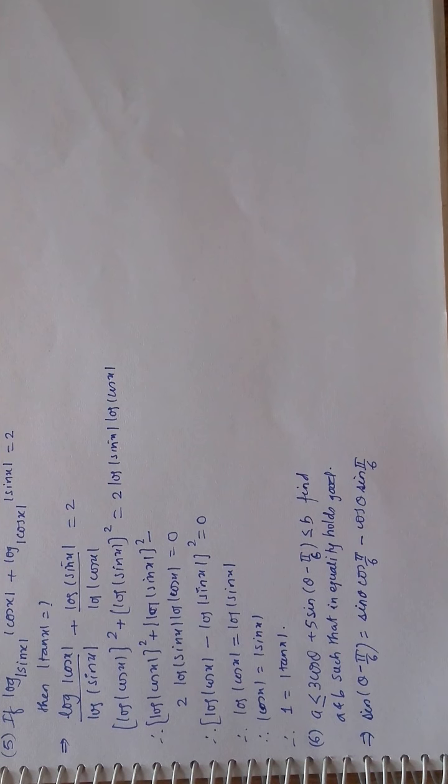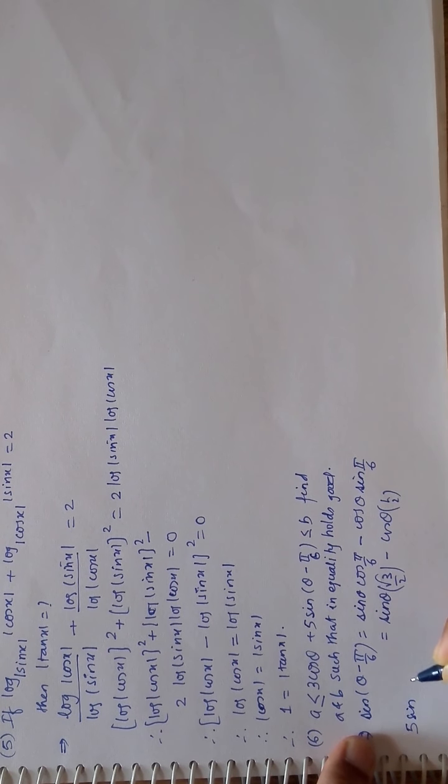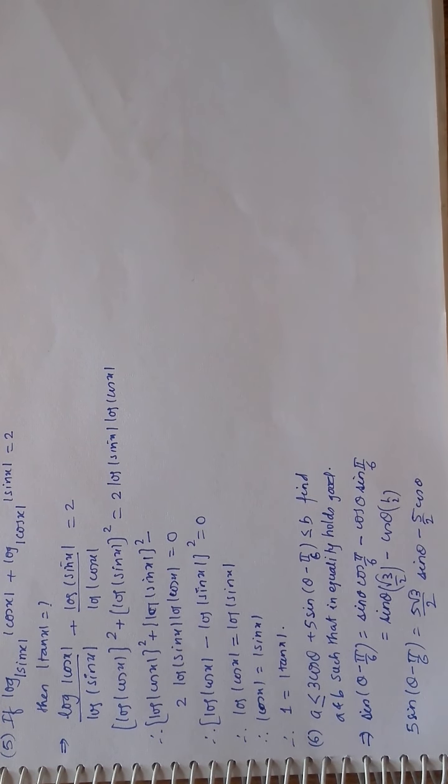So here we get this particular expression, and on solving we will get this. That is root 3 by 2 sin theta minus half cos theta. When I multiply this by 5, that is 5 times sin of theta minus pi by 6, I get 5 root 3 by 2 sin theta minus 5 by 2 cos theta.